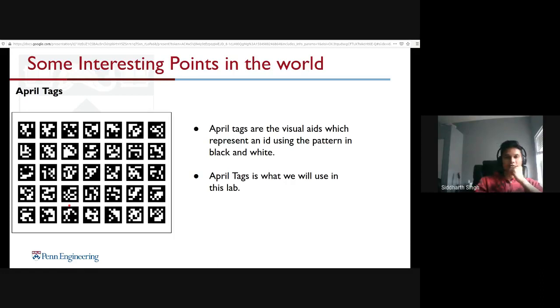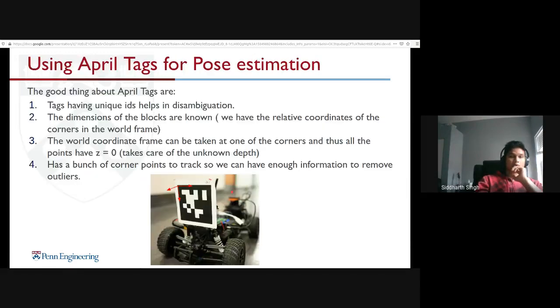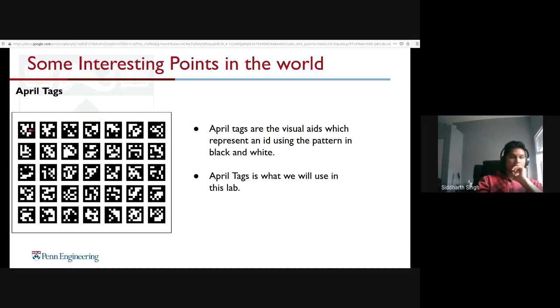So April tags are essentially visual aids. They are very unique. Every single visual pattern is unique in every April tag. They have IDs. Each of these April tags has a unique pattern with the shape of squares, and each pattern represents a particular ID, say ID1, ID2, ID3, 4, 5, and this is what we'll use in the lab.